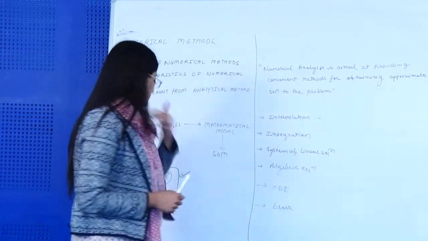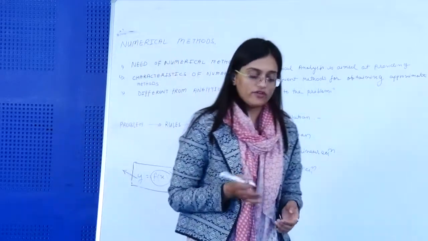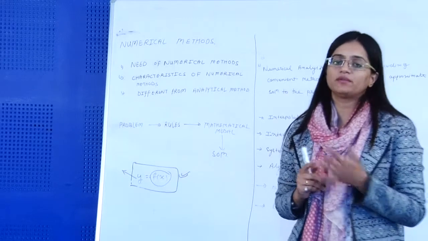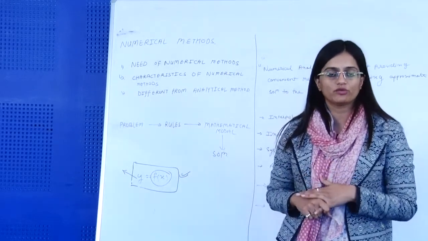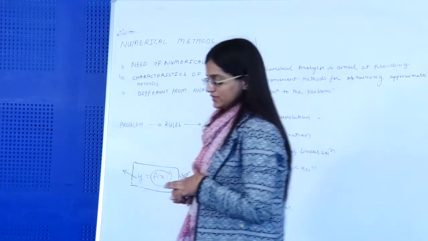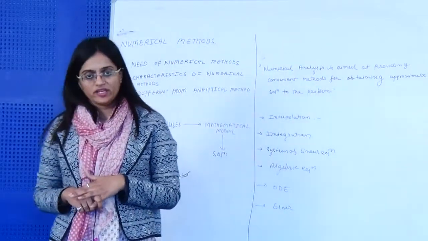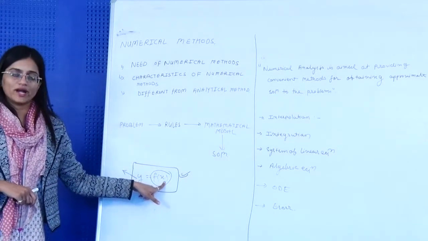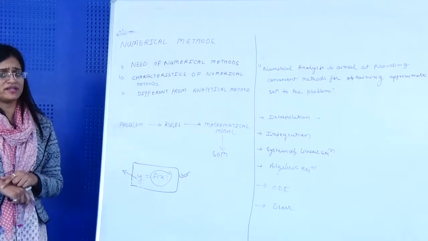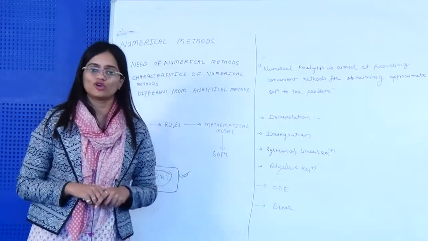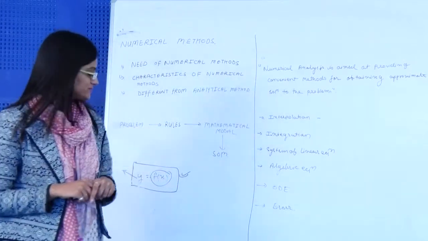For example, f of x can be any kind of problem. Sometimes it is algebraic, sometimes it is a system of linear equations, sometimes it is a transcendental equation. Friends, if f of x is a quadratic equation and we are interested in getting the root, all of us know how to solve the quadratic equation.